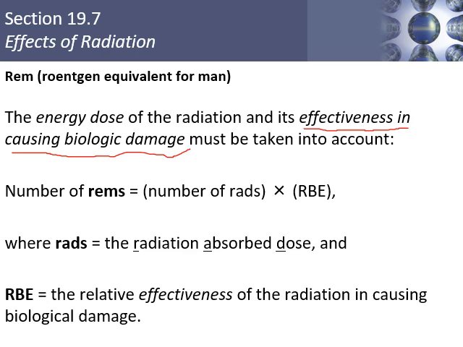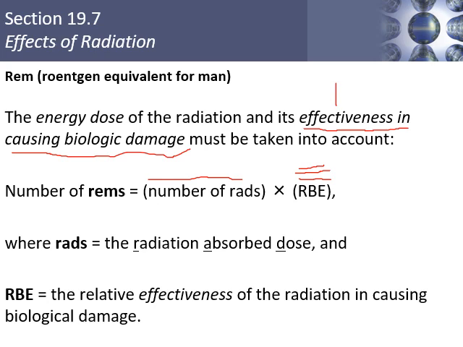So when we do that, we call its effectiveness in causing biological damage the RBE number. So that's, I think, radiation biological effectiveness. So once we know that, and that will be given to you if you have a problem on this, which you probably will, this second number would be given to you where you would have to figure out this number. So we'll see that.